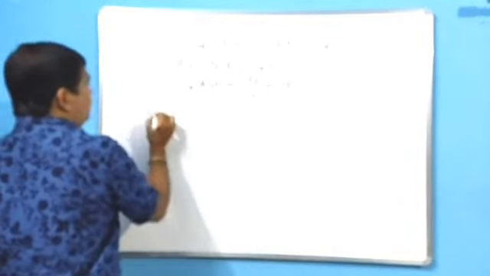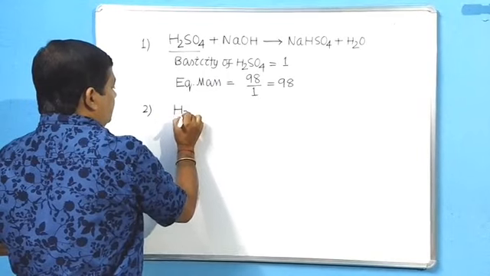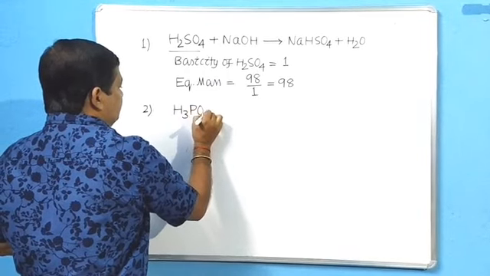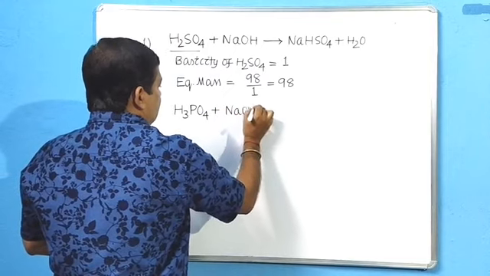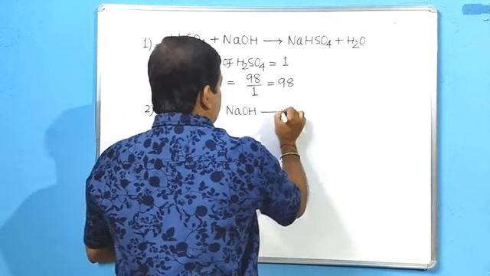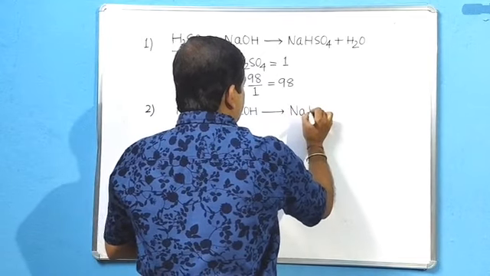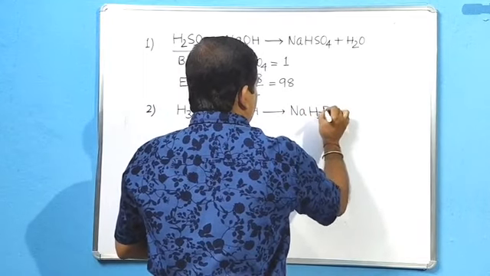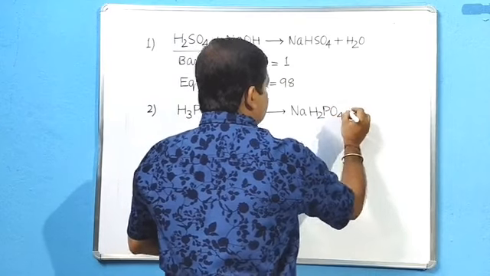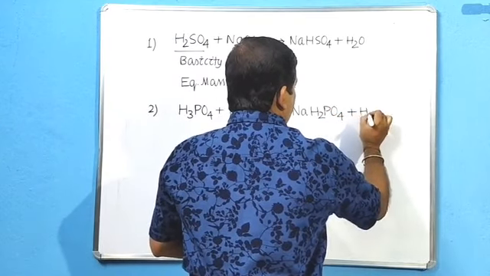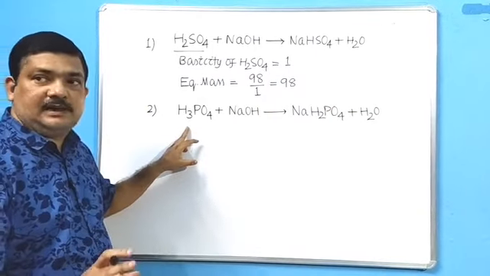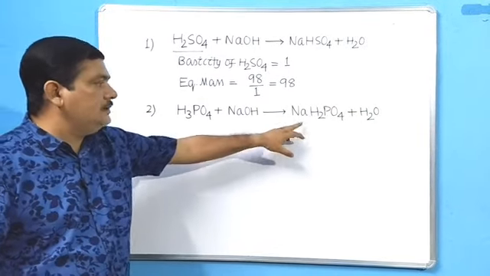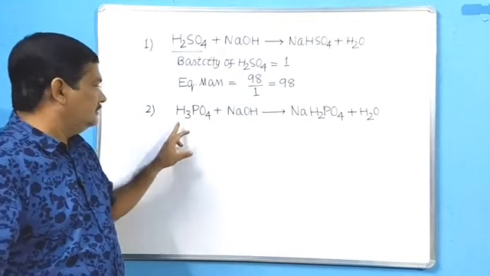Then we will take another example. H3PO4, phosphoric acid, plus sodium hydroxide. The product formed will be NaH2PO4 plus H2O. So here also the phosphoric acid, which has a normal basicity of 3, is only losing 1 H plus.